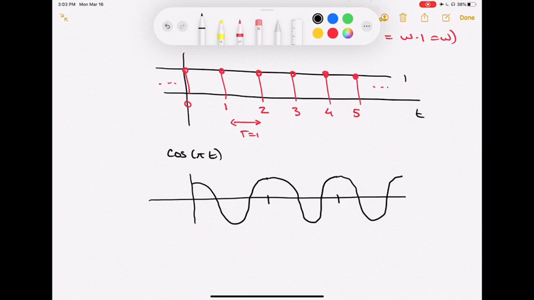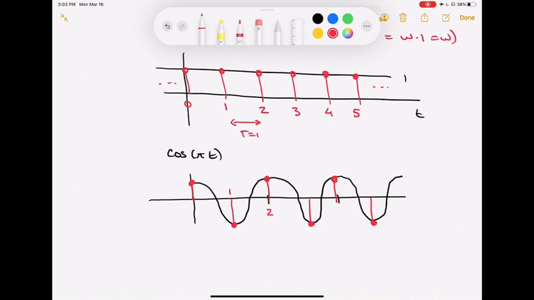If I sample this, same sampling interval, T equals 1 second, what do I find out? I get a 1 at 0. I get a minus 1 at 1. At 2, I go back to the value 1, and then minus 1, and then 1, and minus 1, something like that.